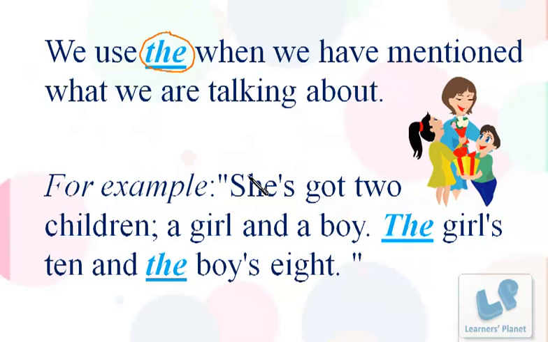So over here we have already mentioned that she has 2 children, a girl and a boy. So we don't need to mention it again. We can directly use the before it, as we have already mentioned it.